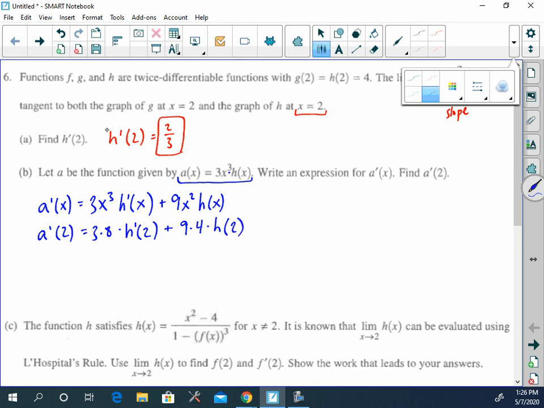We already know h prime of 2 is 2/3. So we have 8 times 3 is 24, times 2/3, plus 9 times 4 is 36, and then h of 2 we know is 4.